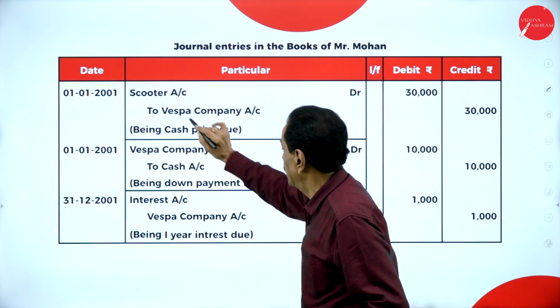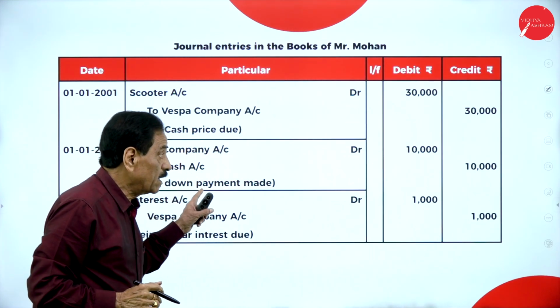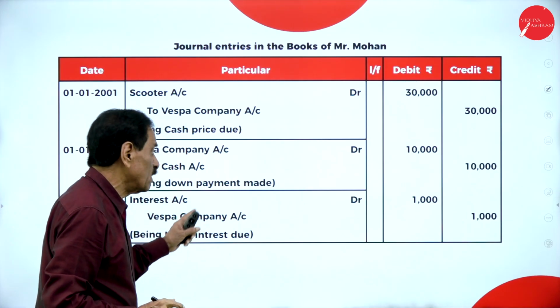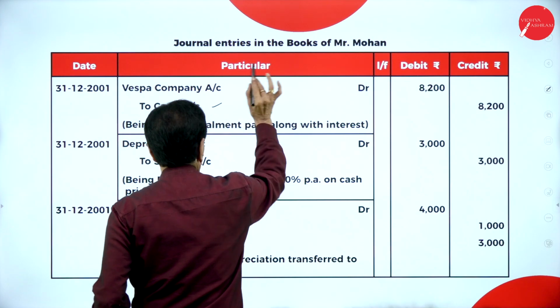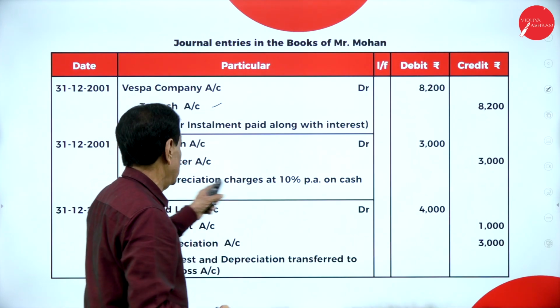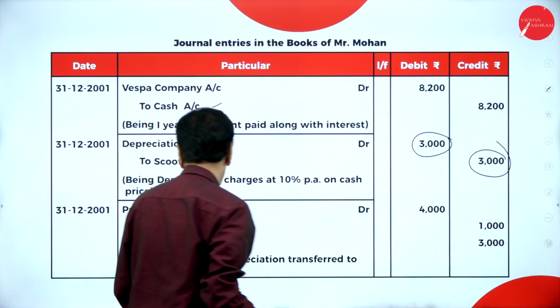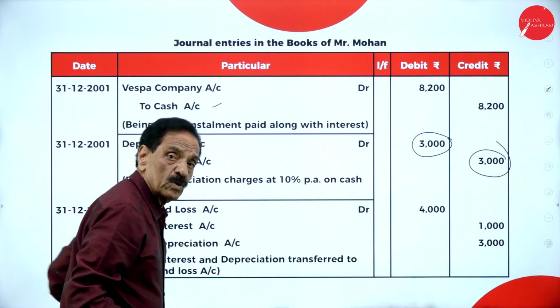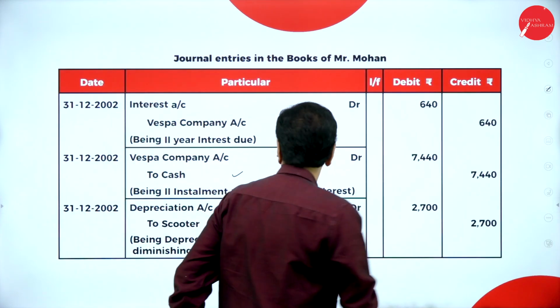First entry, asset account debit to hire seller account, hire seller account debit to cash account, down payment. Interest of the year, interest account debit to hire seller account, hire seller account debit to cash account, depreciation account debit to scooter account, asset account. Transfer entry, profit and loss account debit to interest account to depreciation account. Go to second year, start with interest.